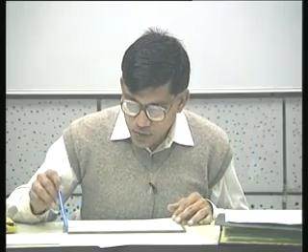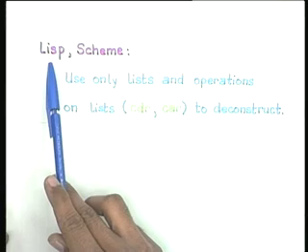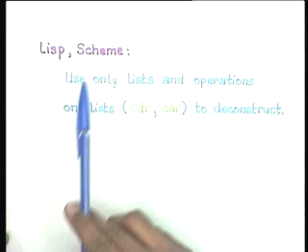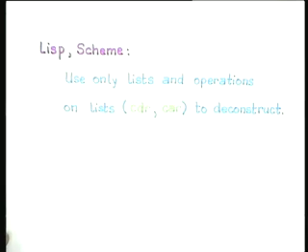Whereas most of the older functional languages, mainly Lisp and Scheme, which is of course just a daughter of Lisp with a simpler structure, only use lists, with list construction as the main operation and the list operations themselves as the deconstructors.